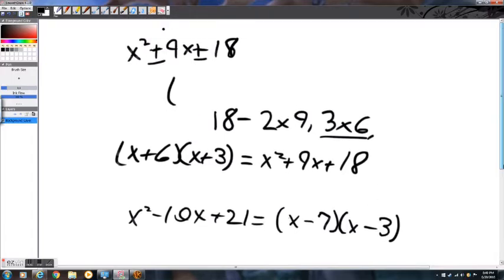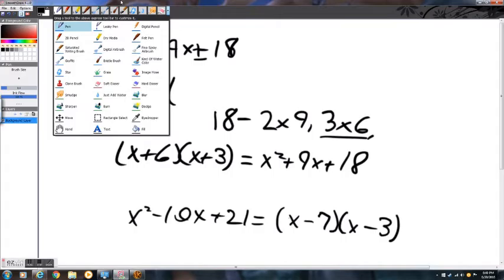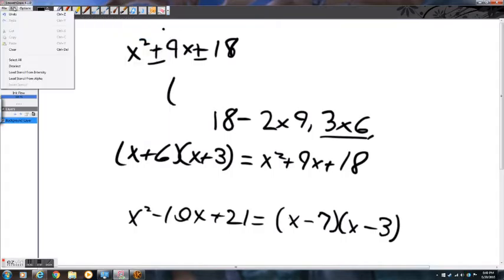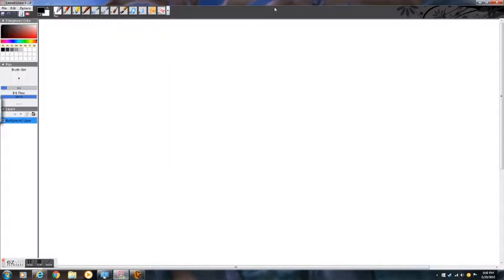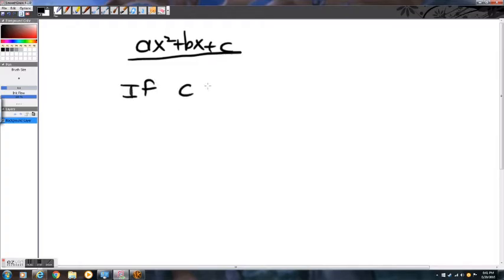Now, let's try to come up with a rule that explains how this works, how we do this. So, we are given a quadratic trinomial in this form. We want to factor it, and this is what we do. First, we look at c.